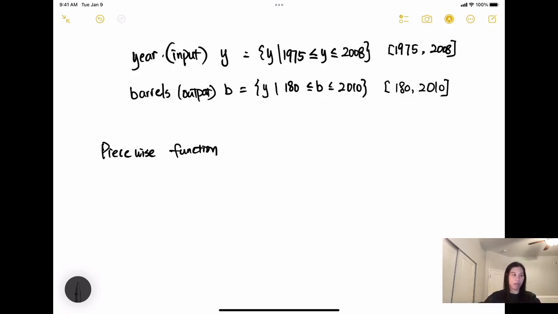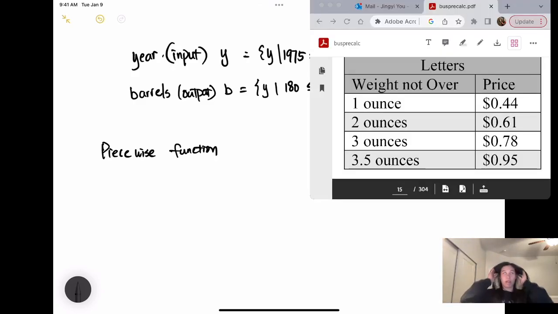Let me just give you an example. I think it's really complicated, so just write it. Let's use the example of the USPS postal office. Let me find the graph. All right, that's another graph. Let's find the table. Let's say the price is the output, the weight is the input.